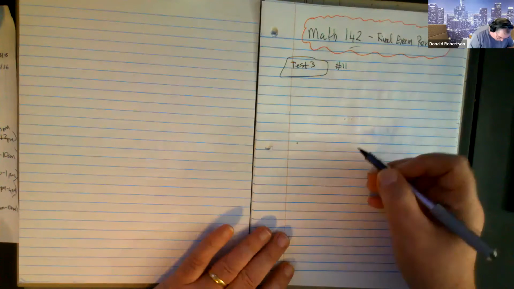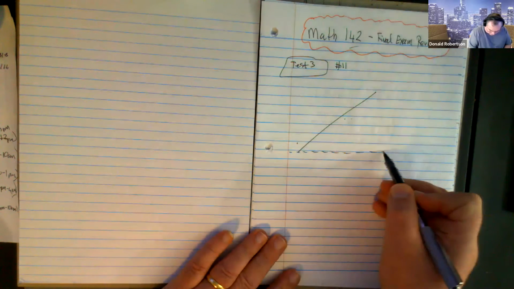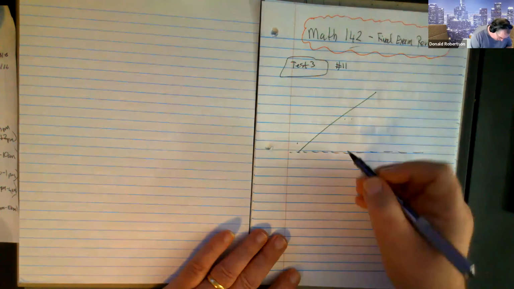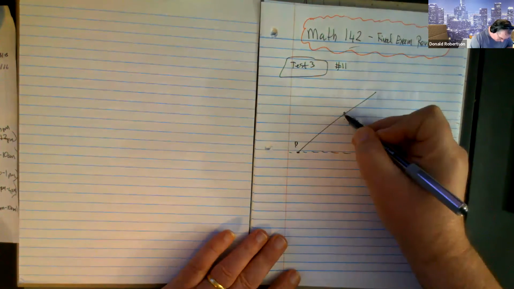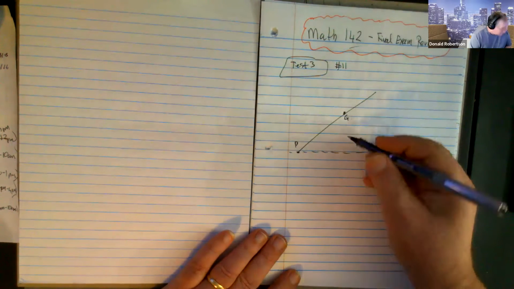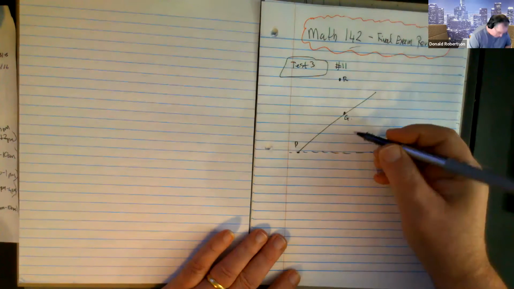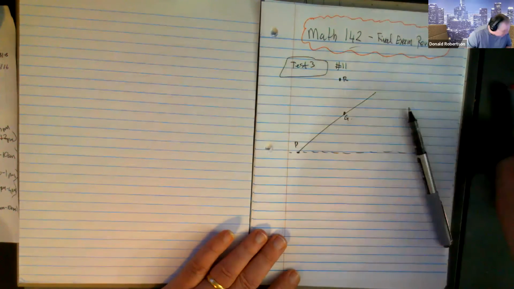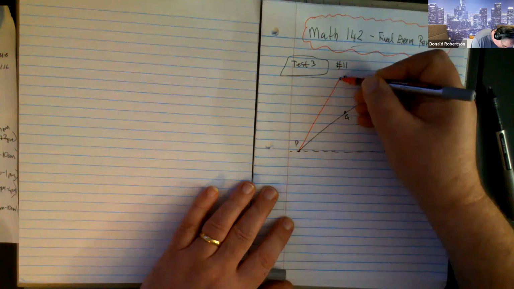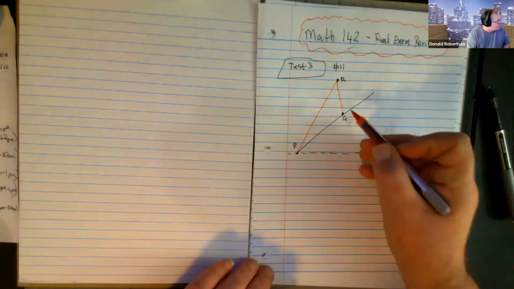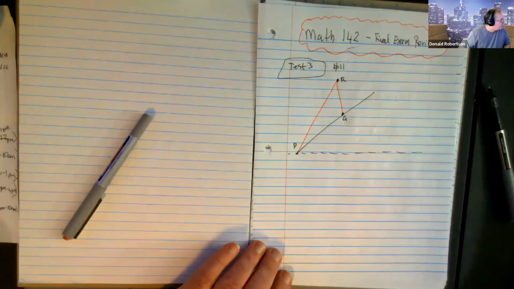But essentially, you've got a hill that looks something like that, and a horizontal dotted line, and a point P, and another point here, we'll call it Q, and there's a balloon up here, which I'm going to call R. So I'm going to do P to Q there. There is no reason in the world that that's the right angle, right? It's just an angle, it's just a drawing. And what else do we know?